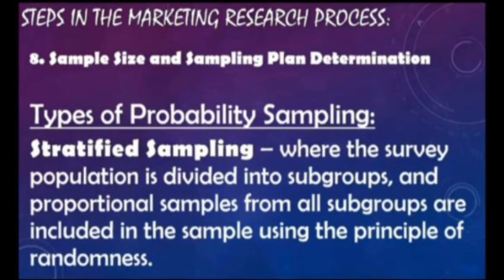Next is the stratified sampling. Stratified sampling is where the survey population is divided into subgroups, and proportional samples from all subgroups are included in the sample using the principle of randomness.